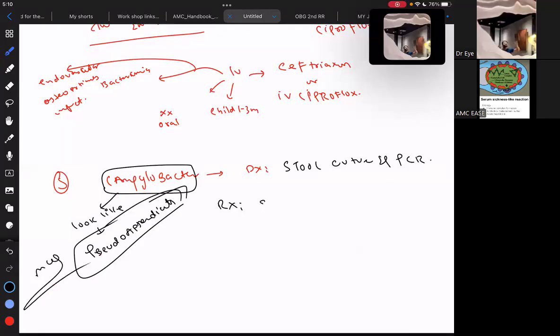Treatment is for the non-severe: you have to go for the supportive treatment. For the severe, you have to go for the azithromycin. For those who are having severe Campylobacter infection, alternate if the azithromycin is not available or the patient has hypersensitivity with the azithromycin, you can go for the fluoroquinolone.